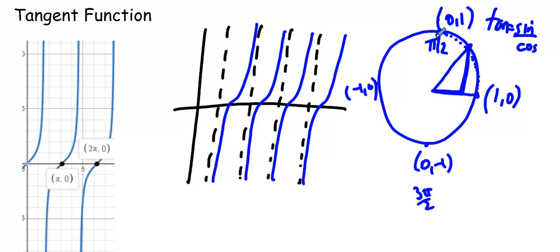Then it's undefined, and then the values start over. So that's what's happening here. So we have a negative slope, then it changes, we have a positive slope, undefined, negative slope, and so on. Okay, so again, this is just a really quick overview.